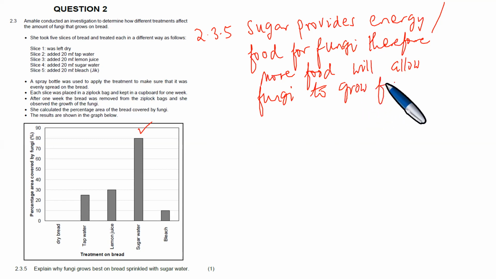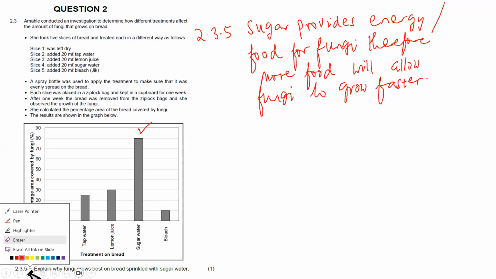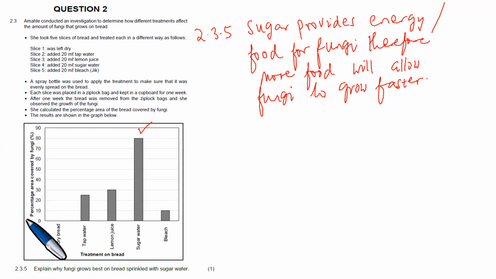So we're effectively saying here that sugar provides energy, or sugar itself is sort of food for fungi, and therefore more food will allow fungi to grow faster.